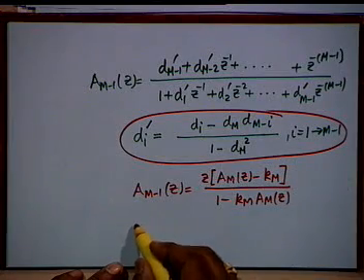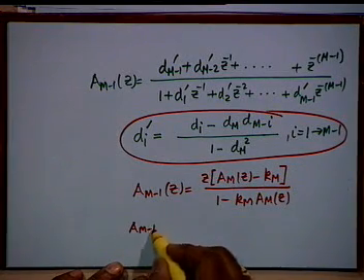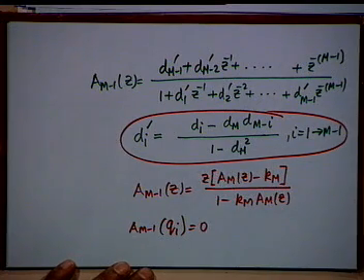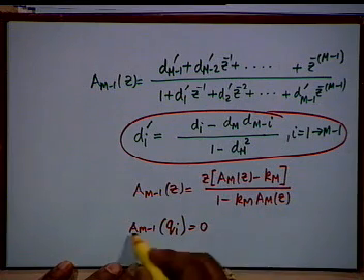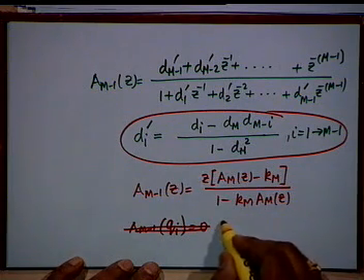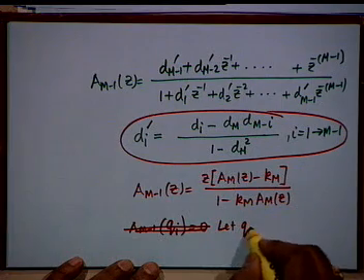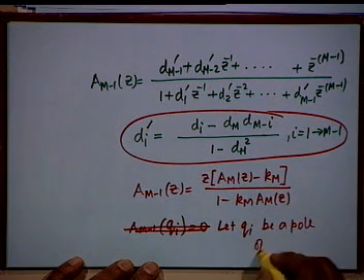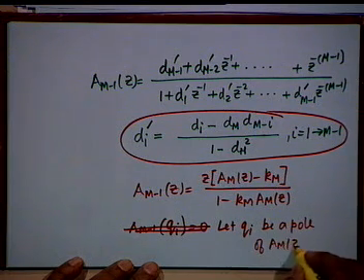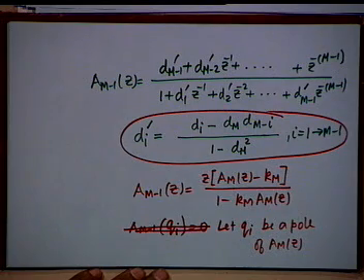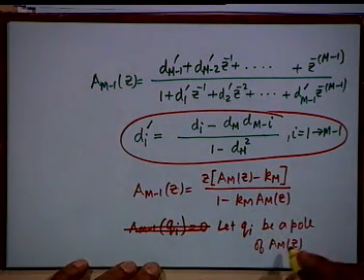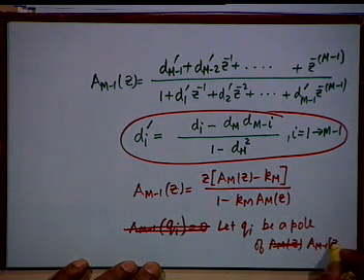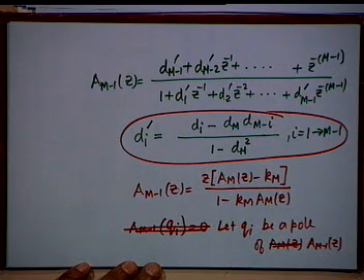Now suppose Am minus 1 of Qi is equal to 0. No, I beg your pardon. Let Qi be a pole of Am minus 1 z. We are now testing the poles of, no, not Am z, Am minus 1 z.